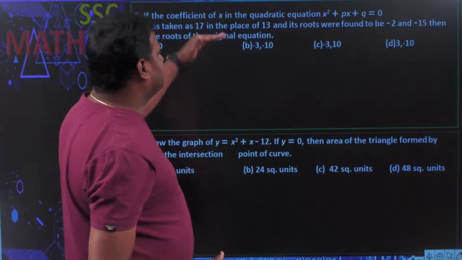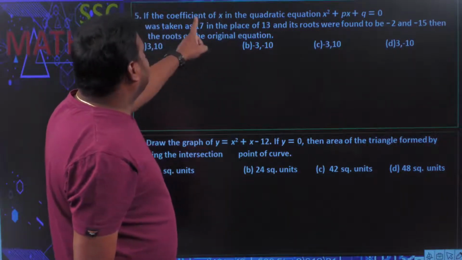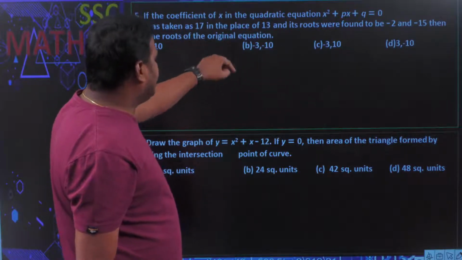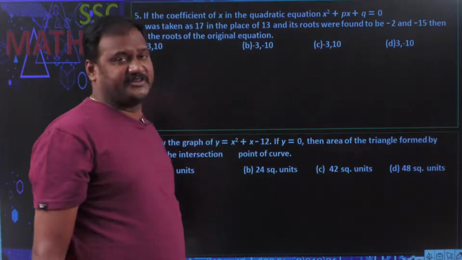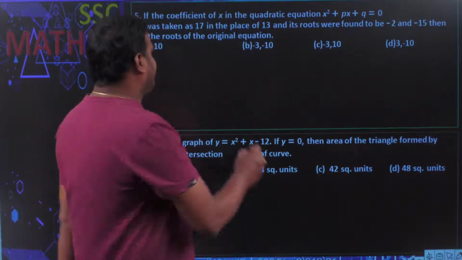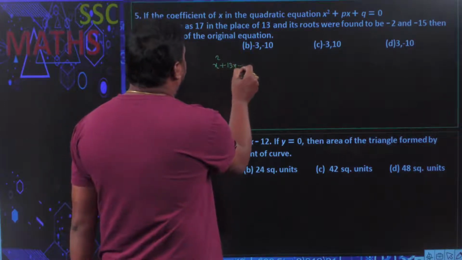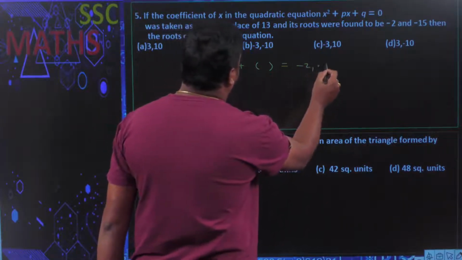See here, if you observe the information given, the coefficient of x was taken as 17 in the place of 13. But originally the coefficient of x is 13. It means x square plus 13x plus something.